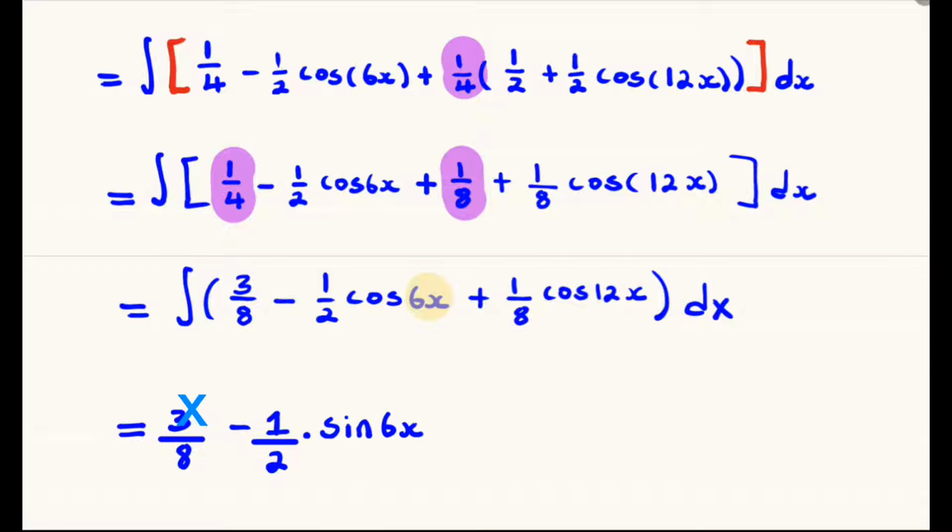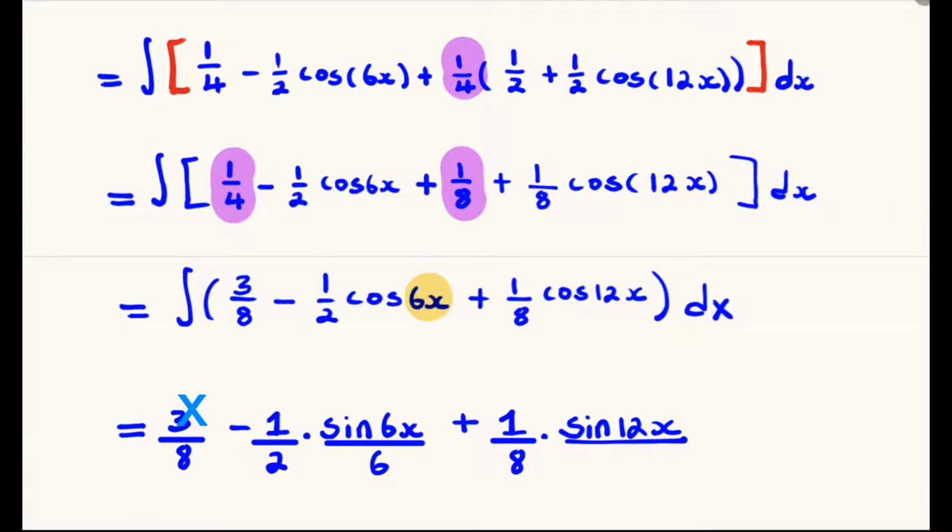If we were differentiating, we would multiply by the derivative of 6x, which is 6, but we are integrating, so we are now going to divide by the 6, the derivative of the 6x, plus 1 divided by 8 multiplied by the integral of cos 12x, which is equal sine 12x. And if we were differentiating, we would multiply by the derivative of the 12x, which is 12, but we are integrating, so we are dividing by the 12, plus the constant c, and you guys will simplify this answer.